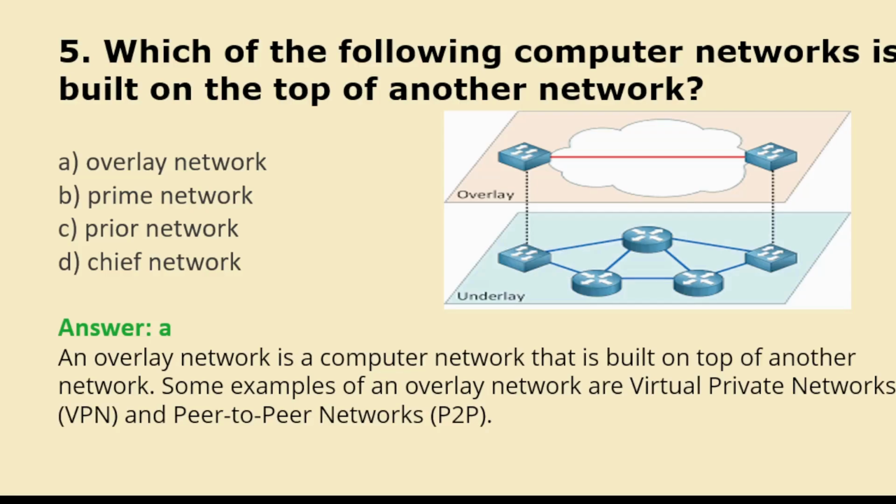Some examples of overlay networks are virtual private networks (VPN) and peer-to-peer networks (P2P). As you can see in the diagram, two machines are built over an underlay network. So the below computers are called the underlay network, and the above machines are known as overlay, and this whole architecture is known as overlay network.